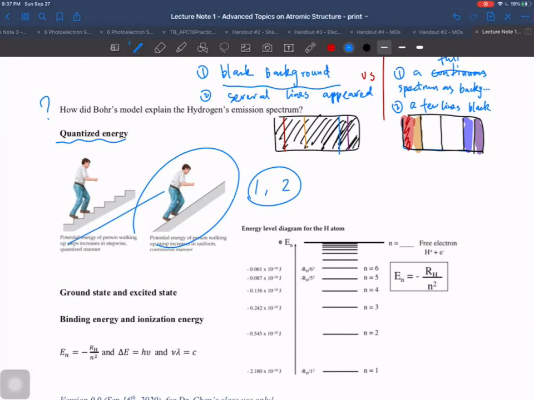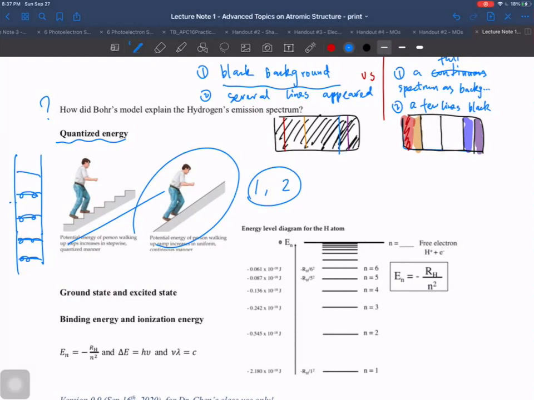But if a man is climbing the floors or a ladder, let's say a ladder makes more sense, he can stop here, or here, or here, or here. He cannot stop somewhere in between. This concept is called quantized, which means there is a small unit, and you cannot make this small unit even smaller.